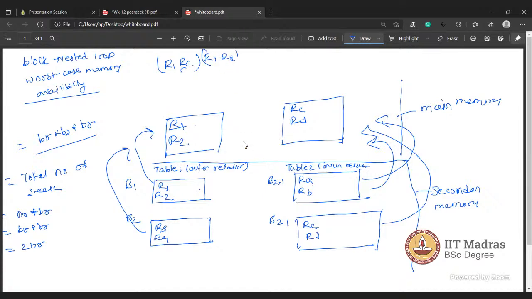These two blocks are already present in main memory. Then for R2 with RC, we don't require an extra seek because these are already present in main memory. A seek is required when the data is in secondary memory, but the 2 blocks are already available in primary memory, so we don't require any extra seek. So for NR plus BR, we require only 1 BR, meaning BR plus BR, so 2 BR.